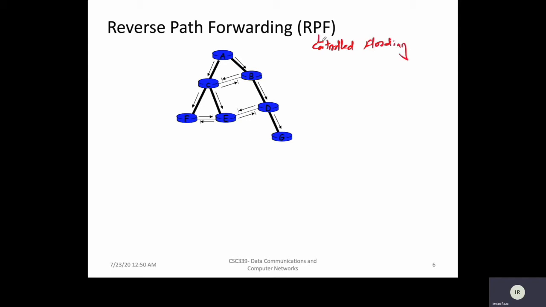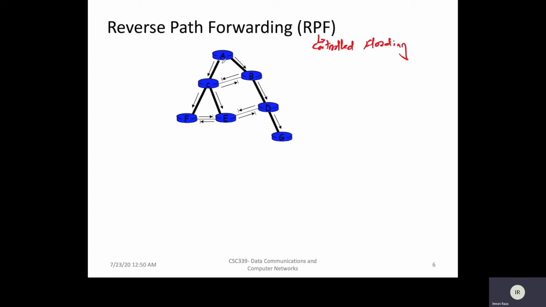So we will see how we can achieve this controlled flooding using reverse path forwarding. The principle behind reverse path forwarding is that a node will only forward a packet to its outgoing links if it is receiving the packet from the shortest path back to the source.